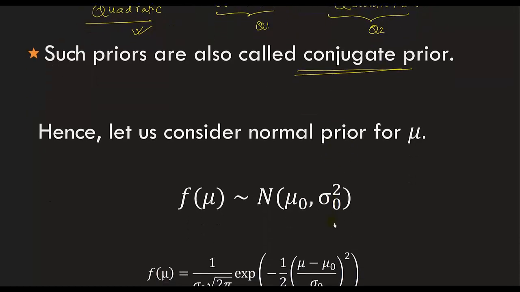So let us consider a prior for mu that is normal, because I need exponential quadratic. The mean has a prior distribution that is normal, with mean mu naught and variance sigma naught square.